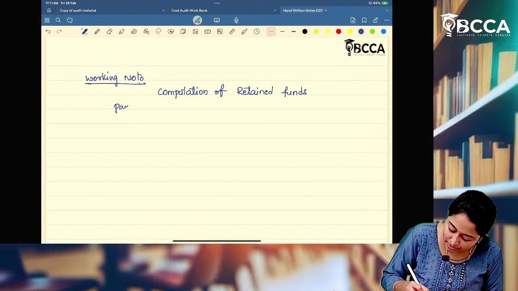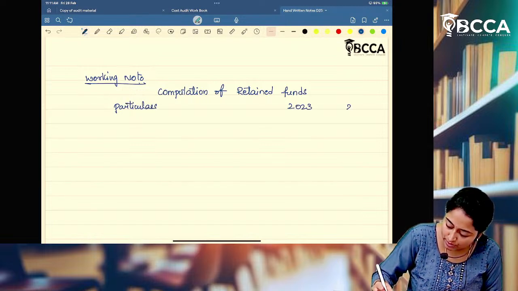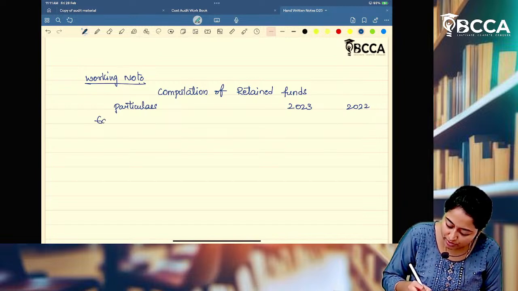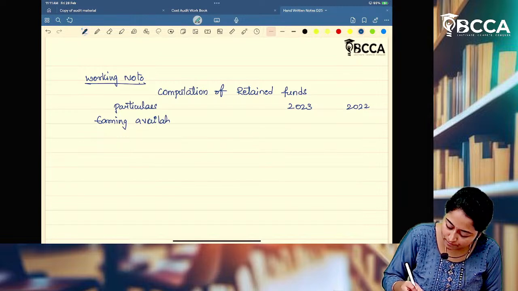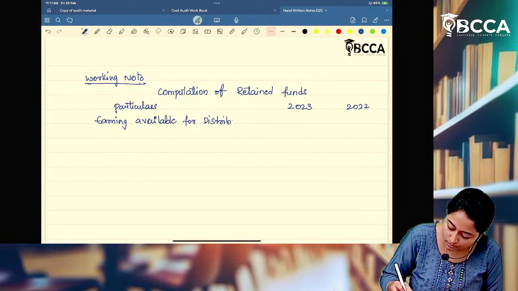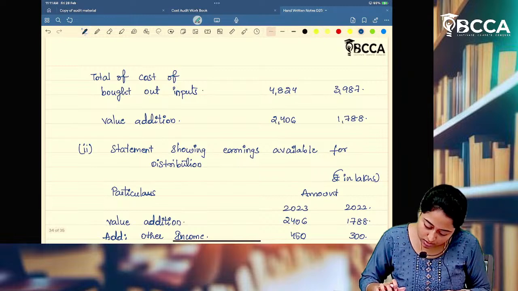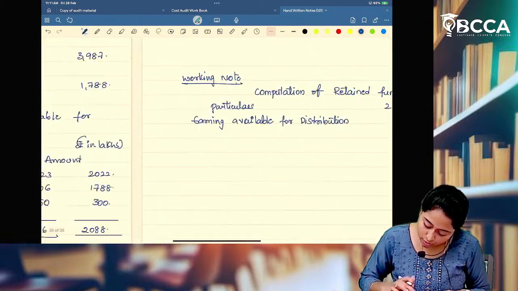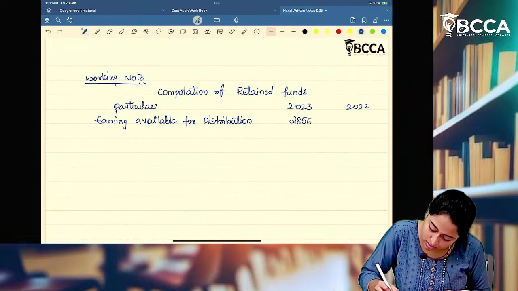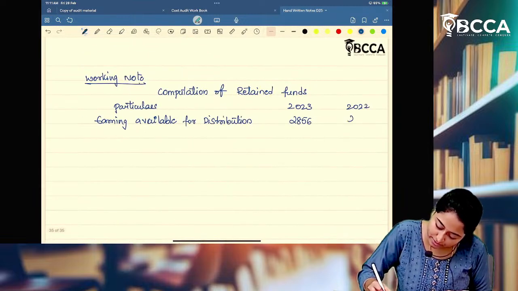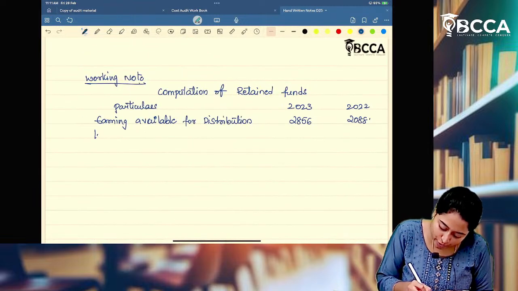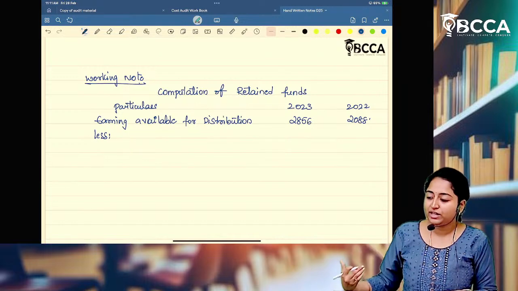Then you will write particulars, 2023 and 2022. Then first you will take earnings available for distribution. How much is it? 2856 and 2088.